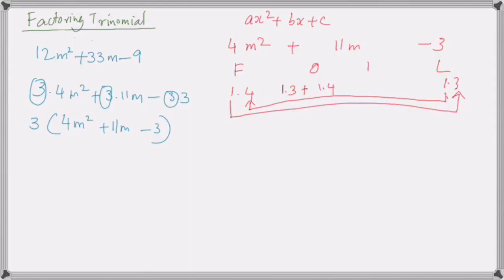So if you notice it's negative 3, right? So negative 3. So one of these should be negative, correct? So let's try negative 1 and 3, okay? So 1 times 3, this 1 and 3 that I'm talking about, okay? 1 times 3 is 3 plus, and here it's negative 1 times 4.